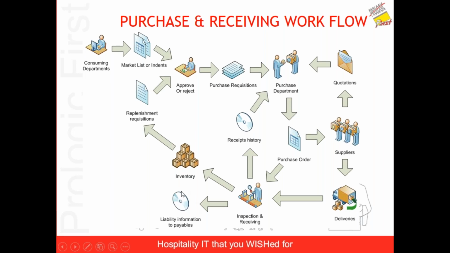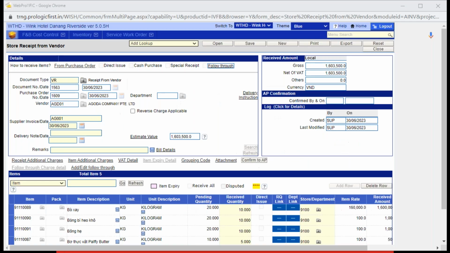Now, this liability information to payables that you need to send is what is confirmed to AP. So the moment you click on the button of confirm to AP, the GRN is stamped as confirmed receipt.